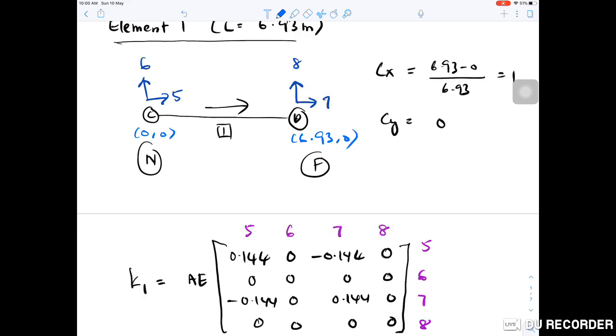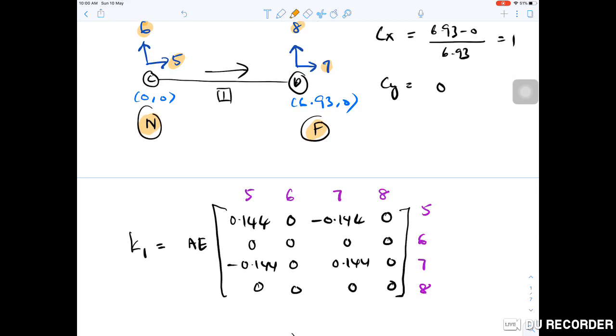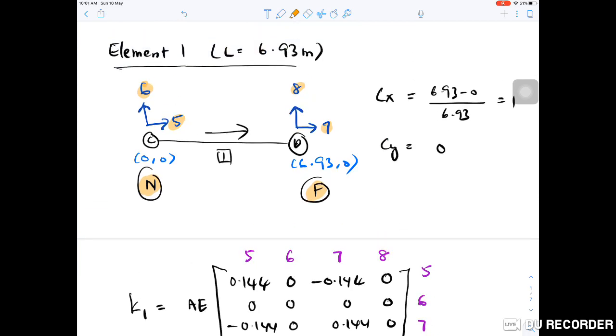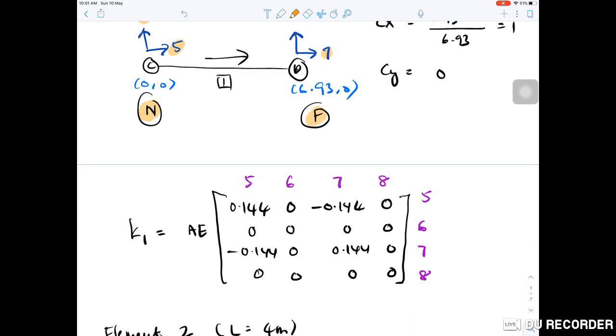Let's look at element number 1. For the near end, the degrees of freedom x, y are 5, 6, and for the far end 7, 8. So we should label the stiffness matrix according to near xy, far xy: 5, 6, 7, 8.